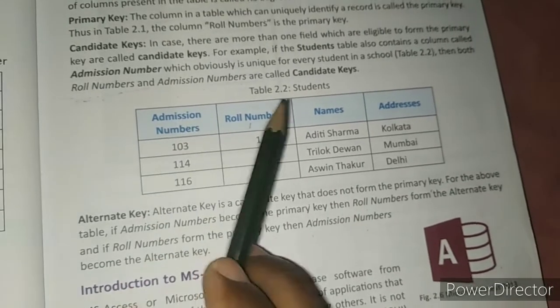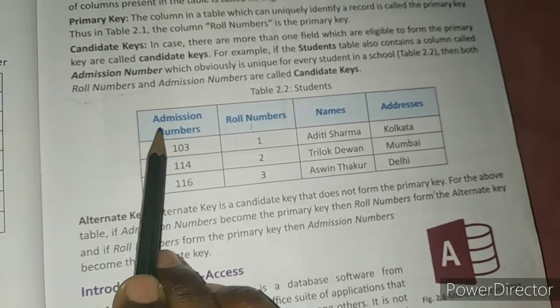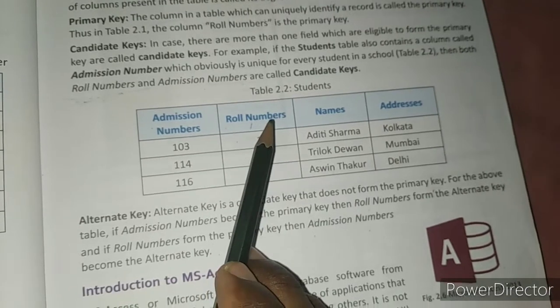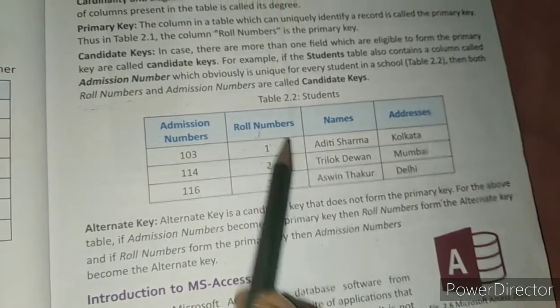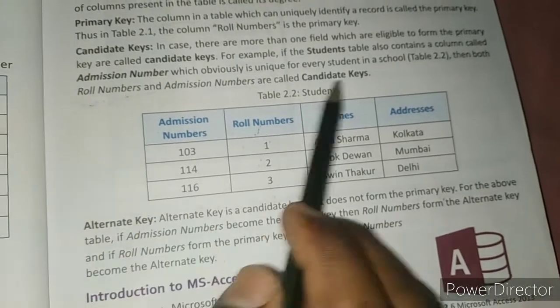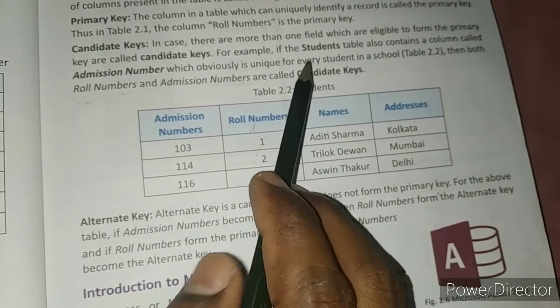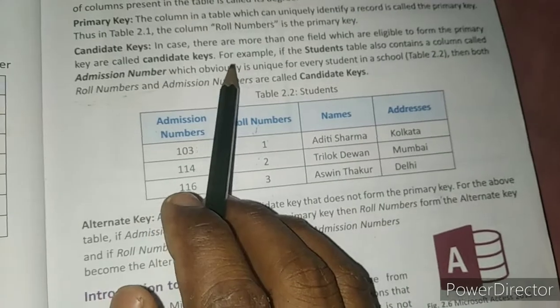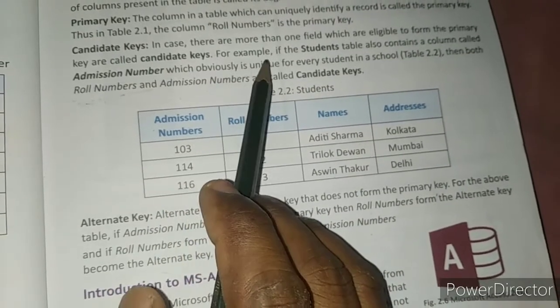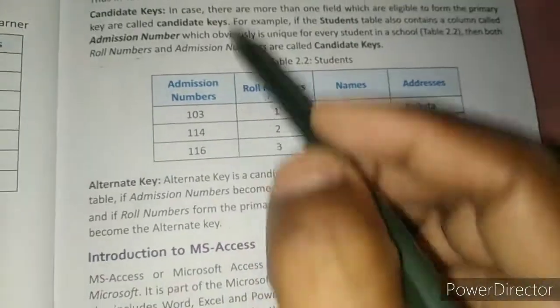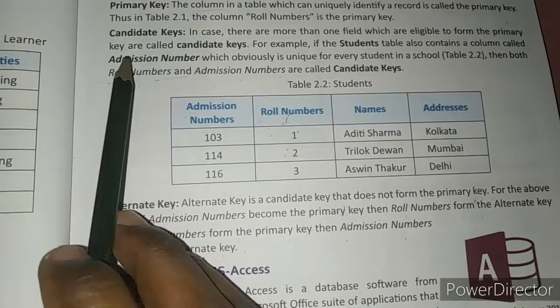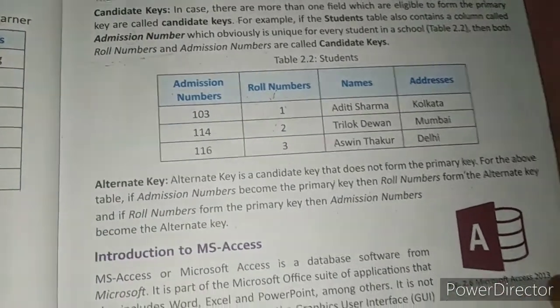Clear? And if we make the admission number primary key, roll number will become the alternate key. But there are some fields which can also be utilized as primary key, but we do not take them into the table. So these are candidate keys. This is the difference between candidate key and alternate key.